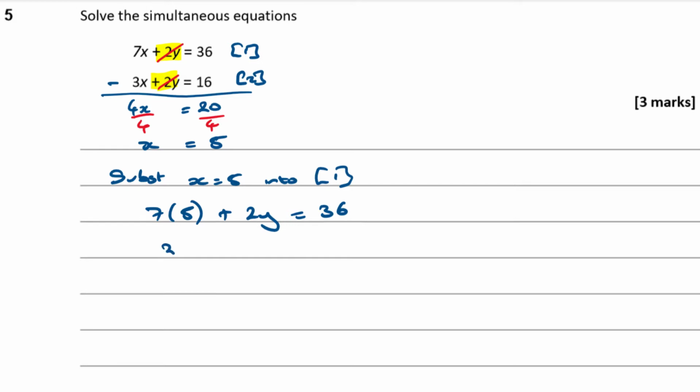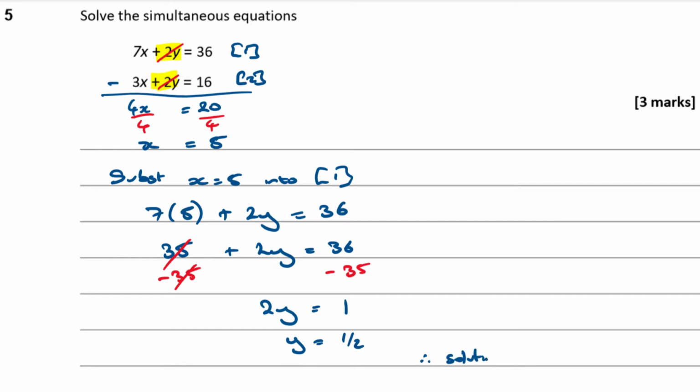Well, 7 5s are 35. And then if I take 35 away from both sides, that is going to leave me with 2y is equal to 1. So dividing both sides by 2, I'm going to get y is equal to half, aren't I? So then the solution is x equals 5, y equals a half.